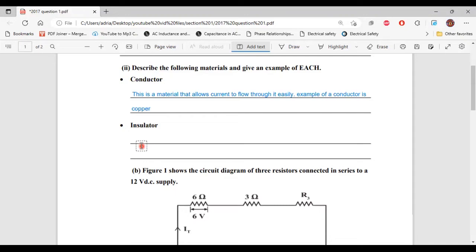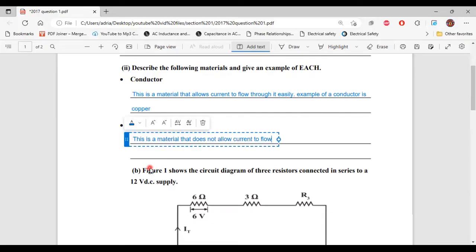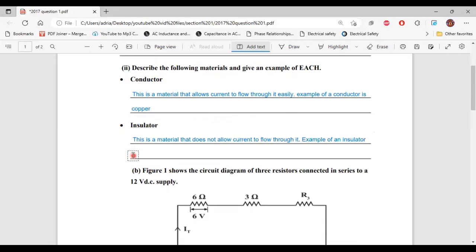An example of an insulator would be rubber. All right, so that's it for part 2 of A.